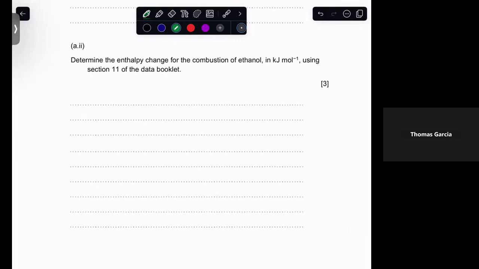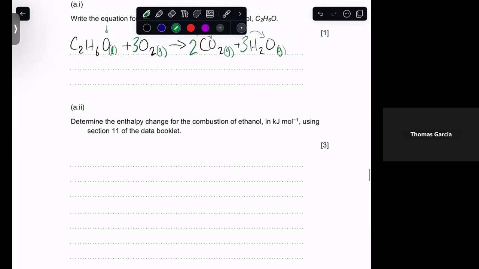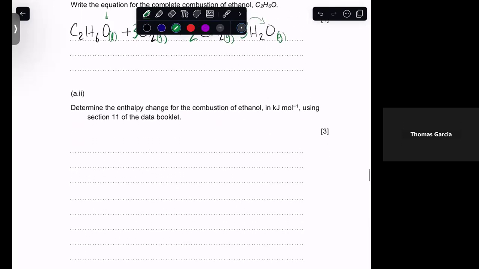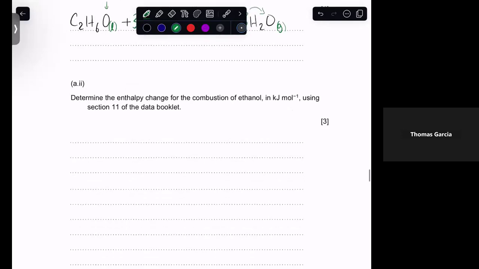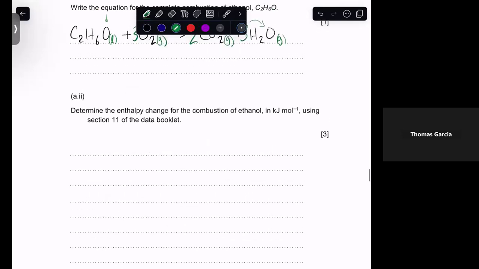Determine the enthalpy change for combustion of ethanol in kilojoules per mole using section 11. So again, we're going to be using our bond enthalpies here, which means you have to derive the structure for ethanol. Now, deriving the structure for ethanol might seem complex at first, but there's only one possible structure you can actually make to include everything.